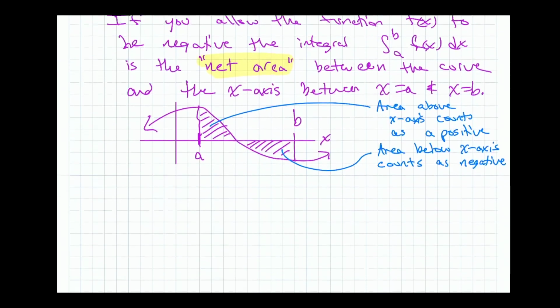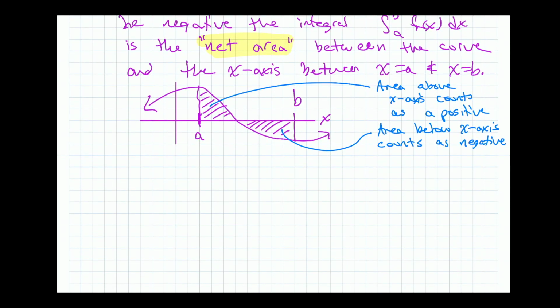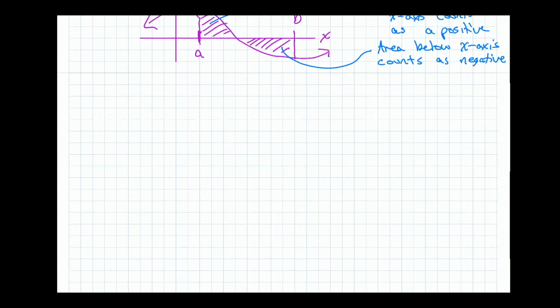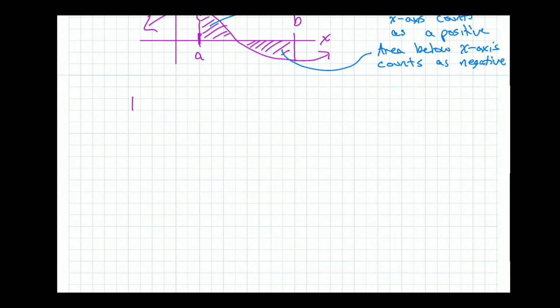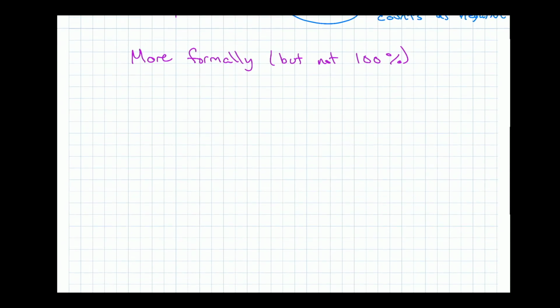Now that's what it is on a graph, but how are you going to formally define it? More formally, but still not 100% formally, because again, this is a little bit tricky to define, what you do to get this definition is as follows.